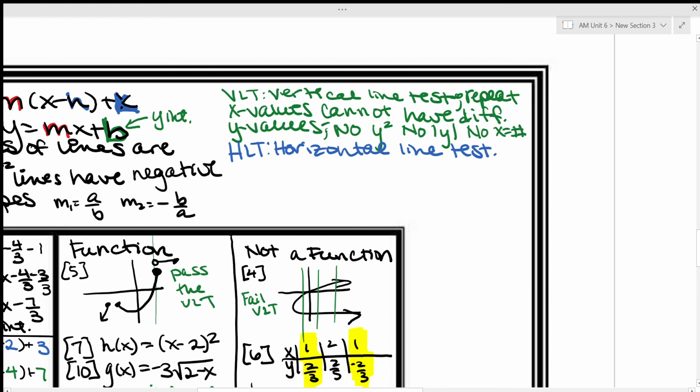You also, see how with vertical line test, we said you can't have repeat x values with different y values? Horizontal line test is going to be very, very similar. But what values cannot repeat? Y. Okay.